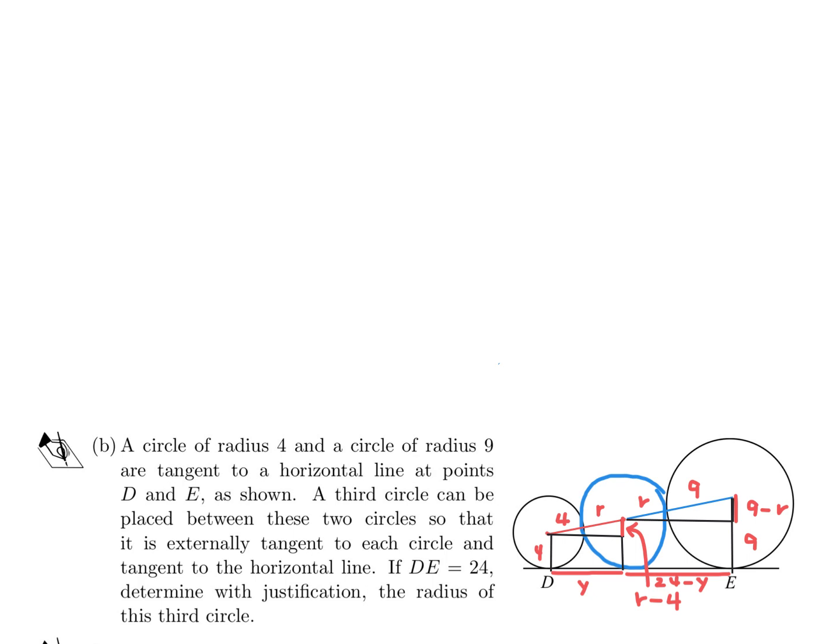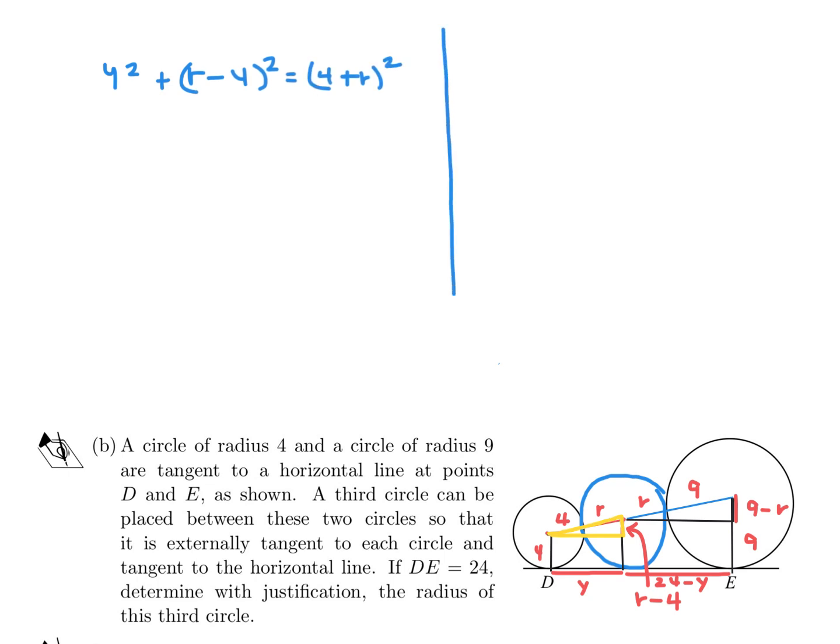So let's see. The first triangle, this triangle right here, using Pythagoras, we're going to get y squared plus (r minus 4) squared is equal to (4 plus r) squared. Correct?